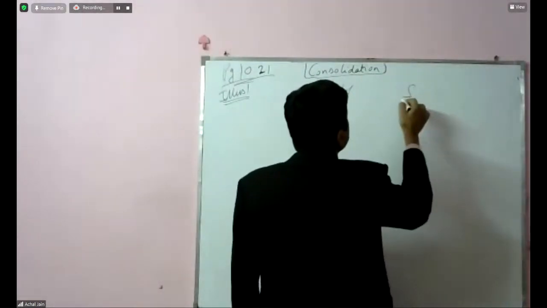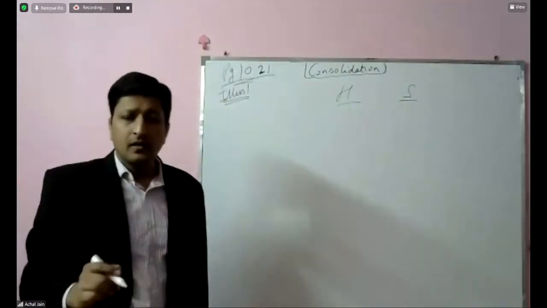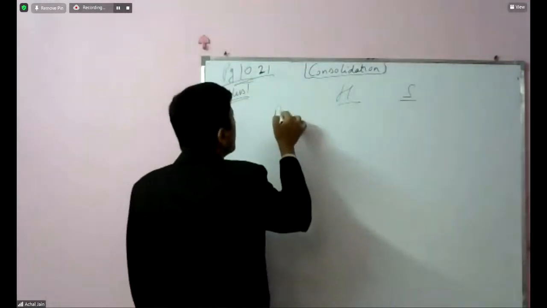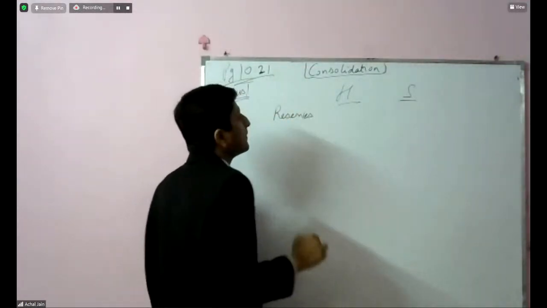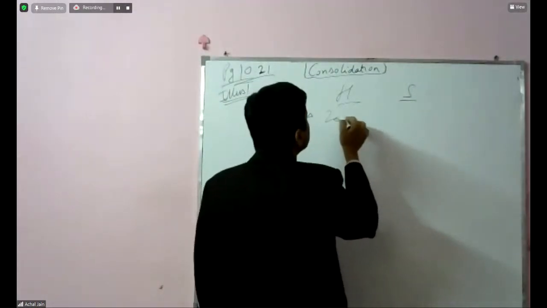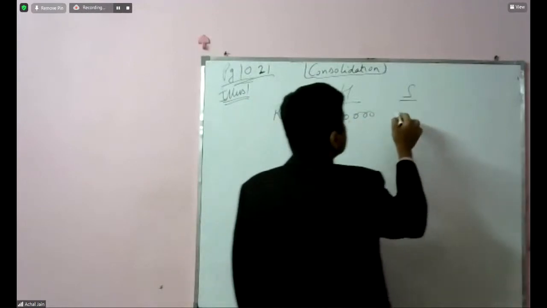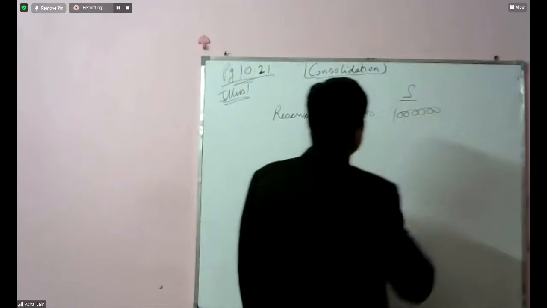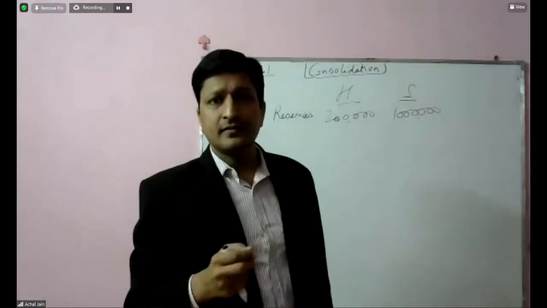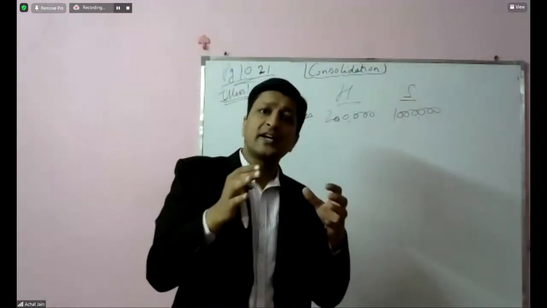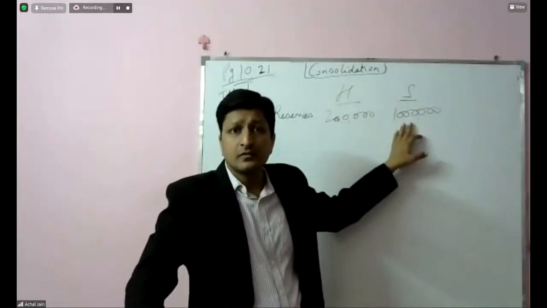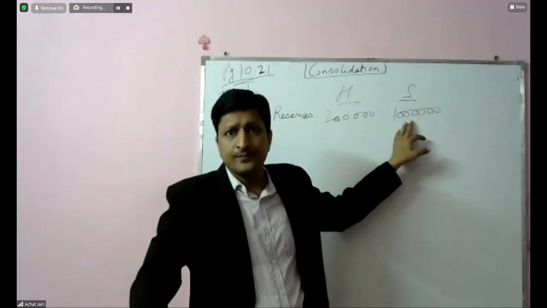Say we have a holding, we have a subsidiary, and the consolidation has started. When the consolidation starts, holding will have a reserve. Subsidiary will also have a reserve. Let's suppose reserve of holding is 2 lakh and reserve of subsidiary is 10 lakh. Now when you consolidate, in the consolidated financial statements, holding will pick up a share of this.